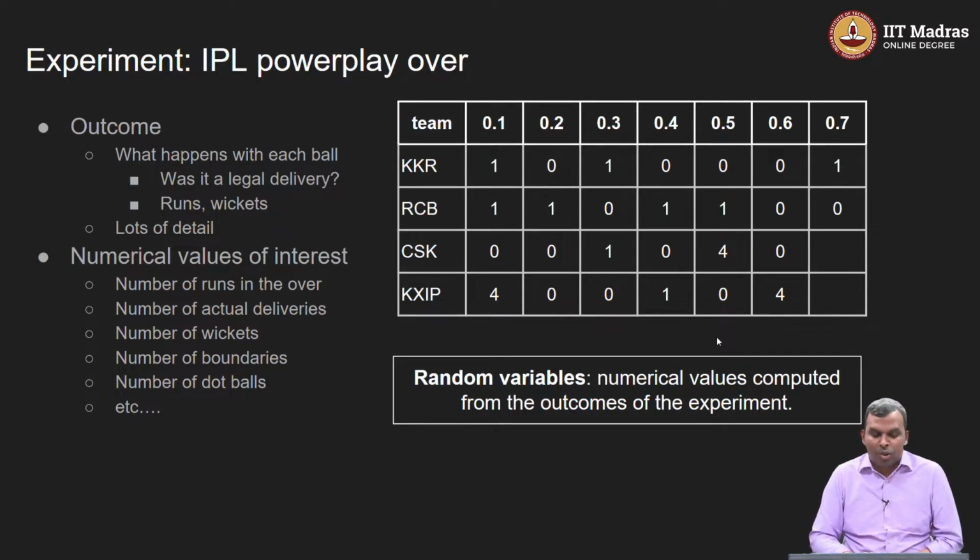You see that the number of runs in the over may be of interest to you, the number of actual deliveries in the over, number of wickets, number of boundaries, number of dot balls, and there are some connections between these numbers, but nevertheless they are all numbers, and they are objects of interest, and they can be more readily and easily understood than the entire detail of what happened in the over, which is a more complicated occurrence.